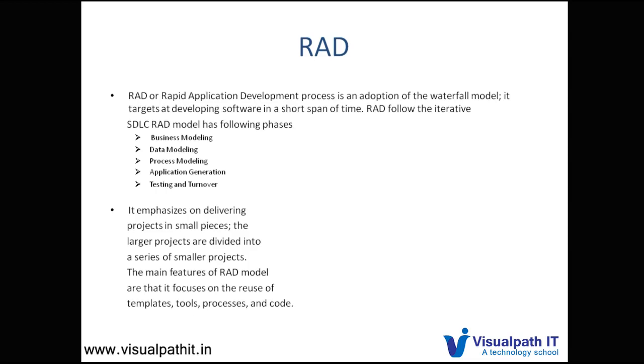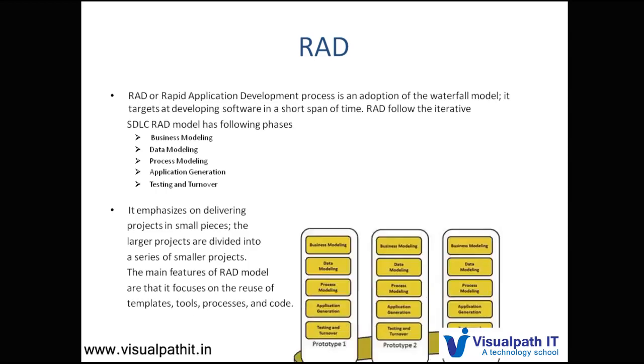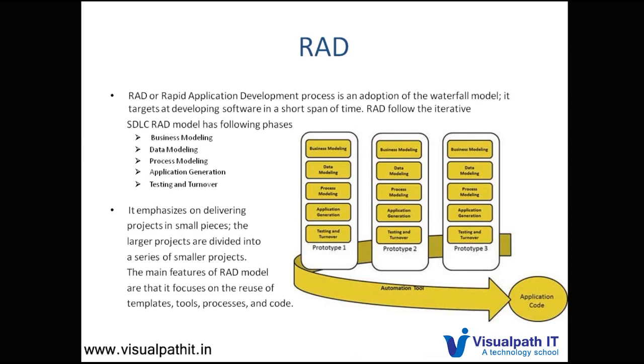The main difference in rapid application development is that we use some automation tools too, to make the process faster. We can consider it as component based development, where the mini projects go in parallel. Team 1, for example, will be making prototype 1, team 2 will be making prototype 2, team 3 will be developing prototype 3, and at last we will assemble them into a working, final prototype.